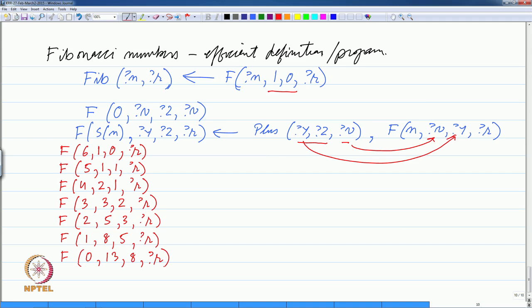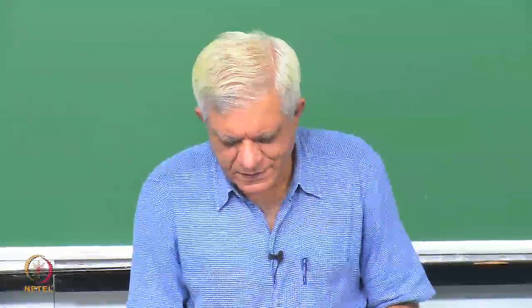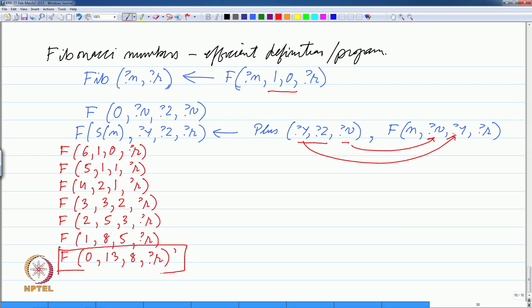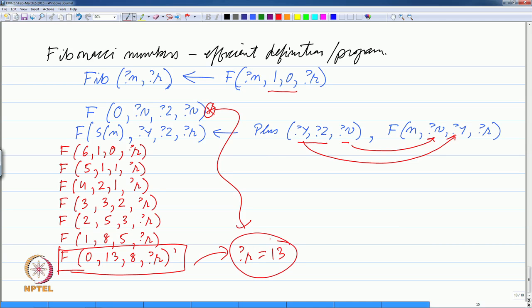r will come here. But at this stage, we will not need to recurse any more, because this will match this clause and we will get r is equal to 13. So, as long as the argument was positive, 6, 5, 4, 3, 2, 1, we made a recursive call and we reduced it to a smaller problem.